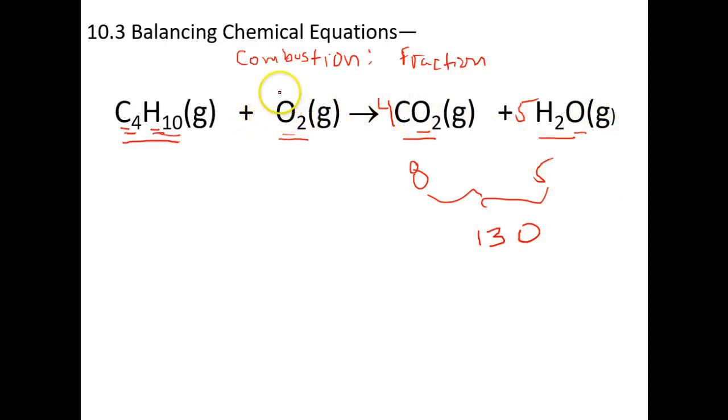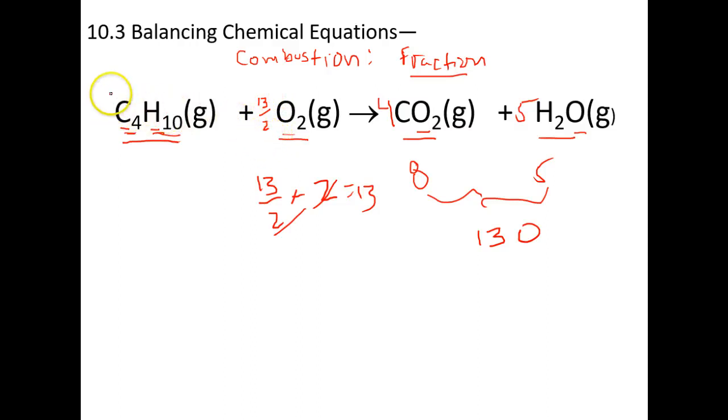Okay, so how do I make this oxygen into a 13? I'm going to use a fraction. It is 13 halves of oxygen, right? Because if I take 13 halves and multiply it by 2, because there's 2 oxygens for every mole, the 2's cancel out, and I get 13. So that is how I can get a 13 here. However, when you balance equations, you can't have fractions.